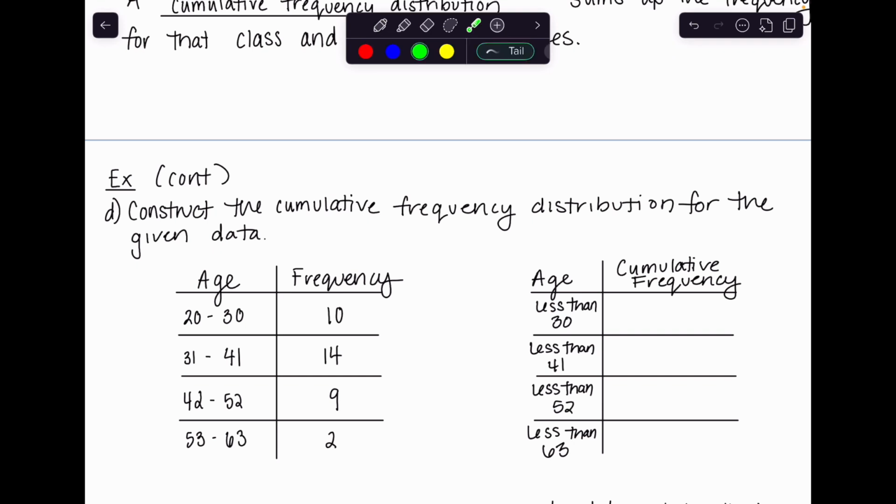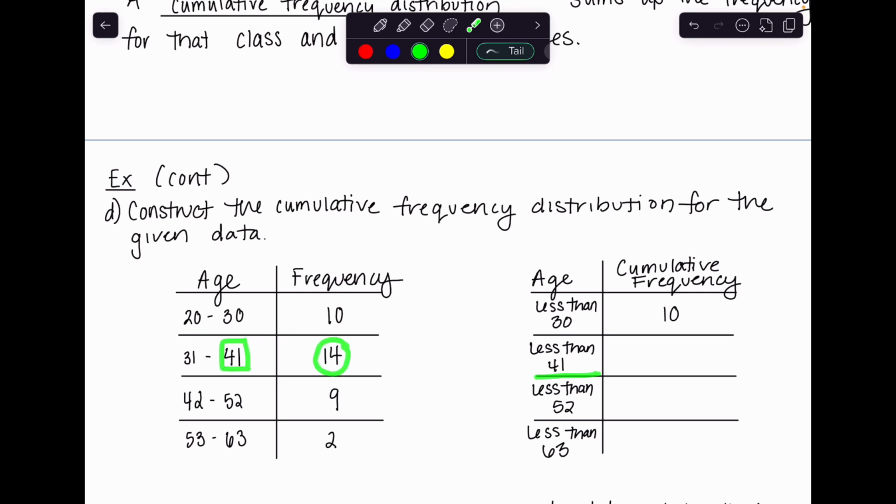So here, my first grouping, the max age is 30. So that's my class, less than 30. In this case, the number of people that are less than 30 is exactly the number in that first group, 10. My next class ends at 41. So for my cumulative frequency distribution, I want to find all of the people that are less than 41.